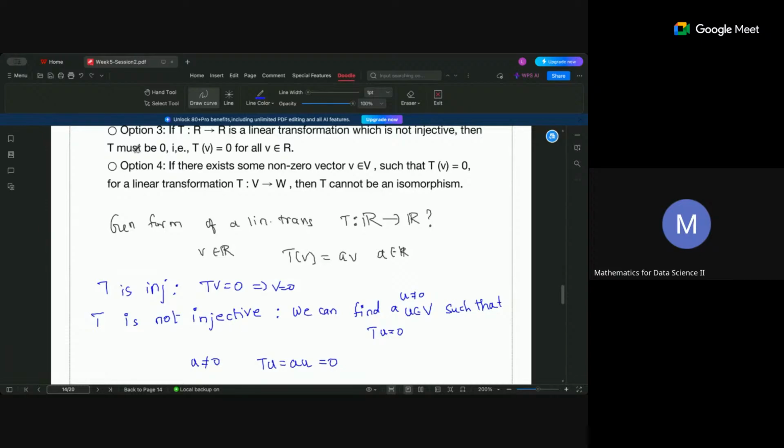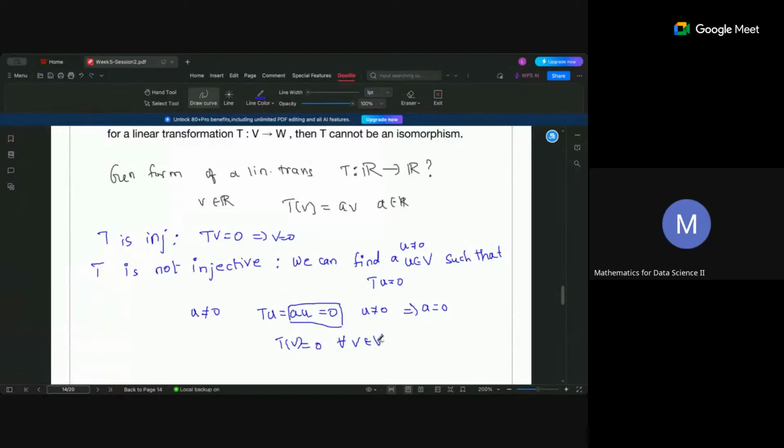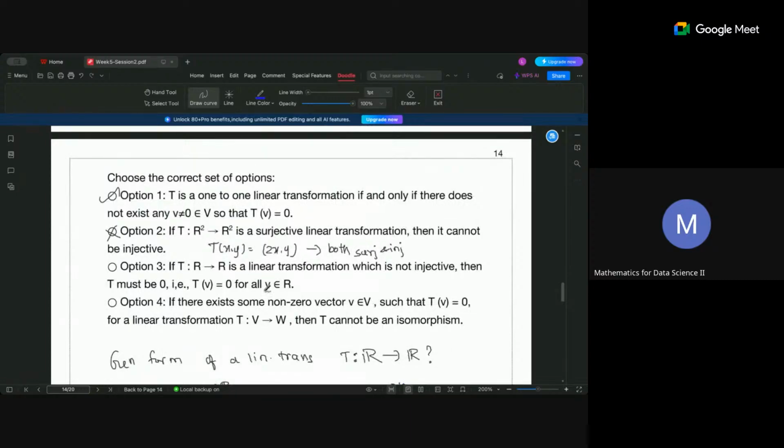Since u is non-zero, a has to be 0. If a is 0, then T of v is 0 for all v in R. So this means that T is the zero transformation. That is what is given to you.